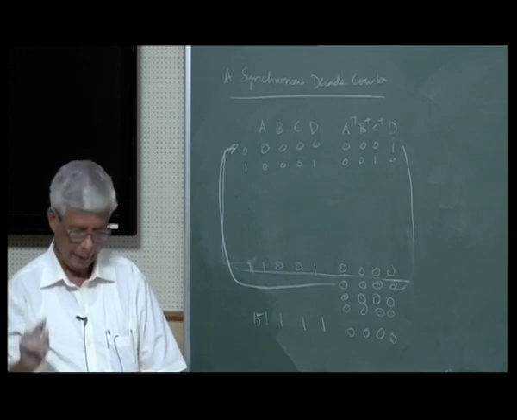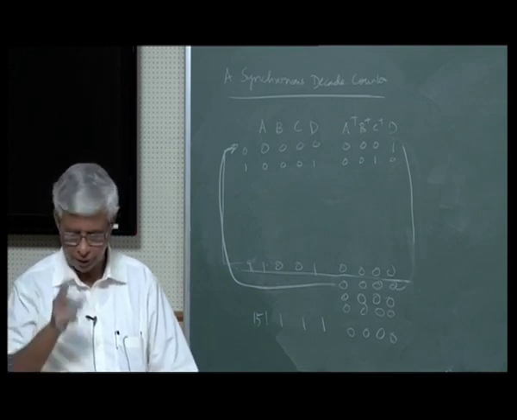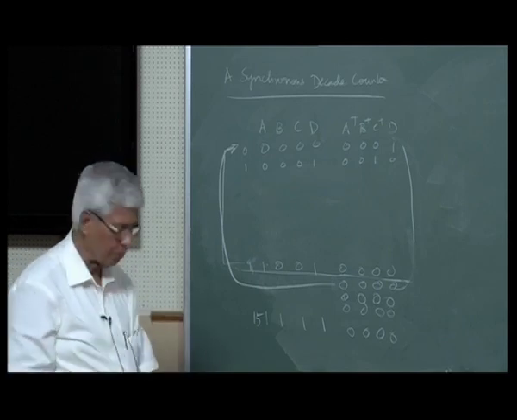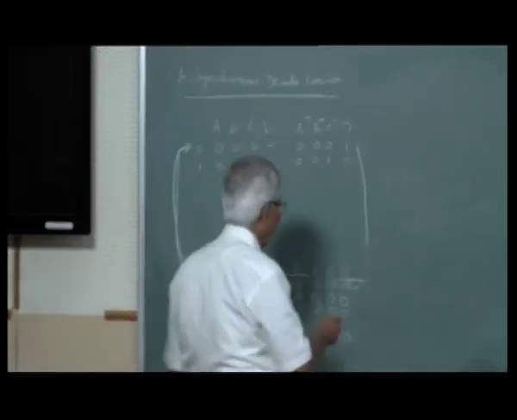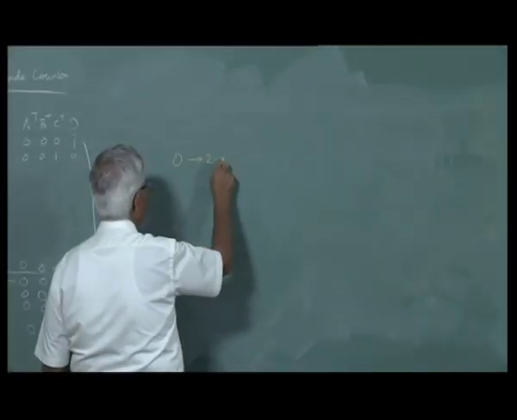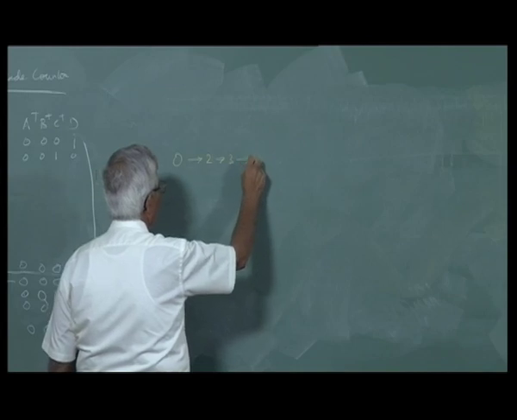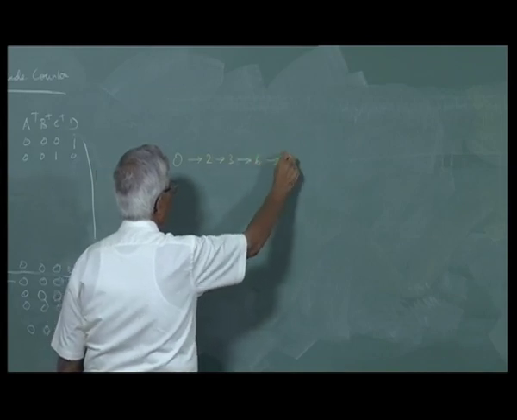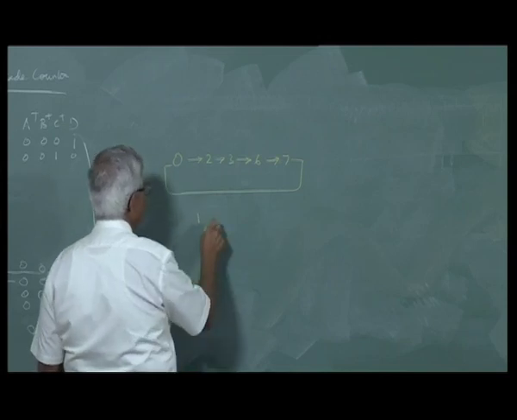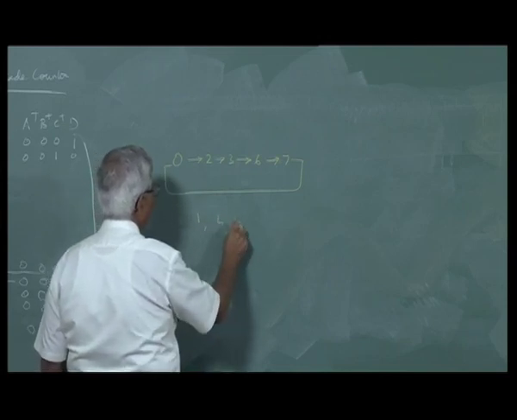Correct. But what you should do is, whenever a non-sequence state comes, suppose I have a counter where 1, 4, 5 are not occurring.